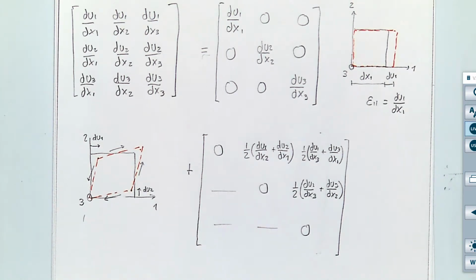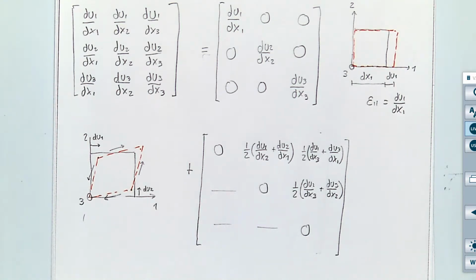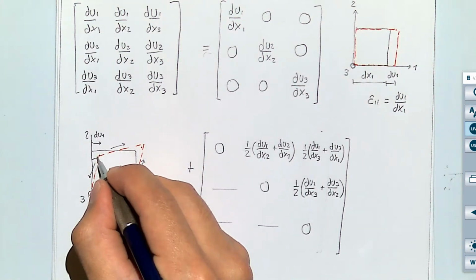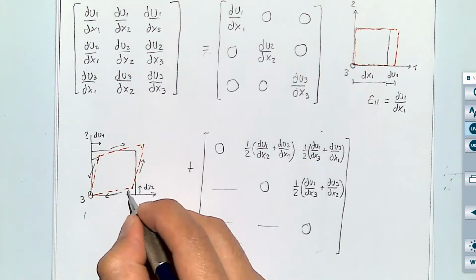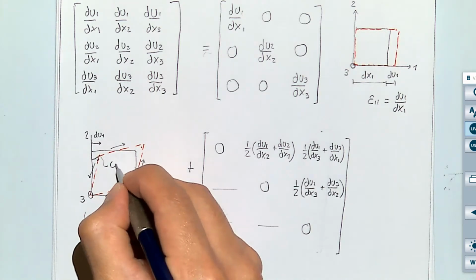Also, what we see from the figure is that the cube is not a cube anymore. Now it is distorted, right? And it is distorted by an angle, let's call it phi.